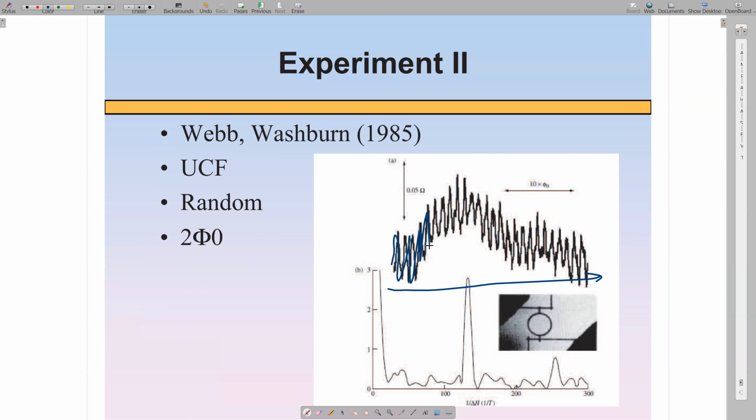One can make a Fourier analysis and analyze typical amplitudes. Okay, that's zero magnetic field, nothing to look at. This corresponds to periods of 2 phi naught, 4 phi naught, and so on, right?